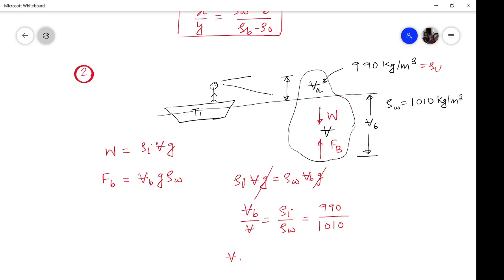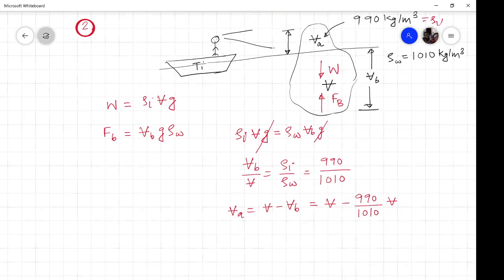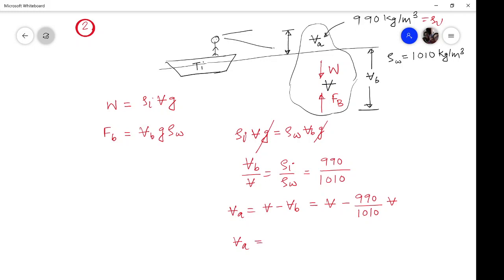So that is V above, which will be total volume minus volume below. So this is total volume minus 990 by 1010 times V. So V_A will be V times (1 minus 990 by 1010).